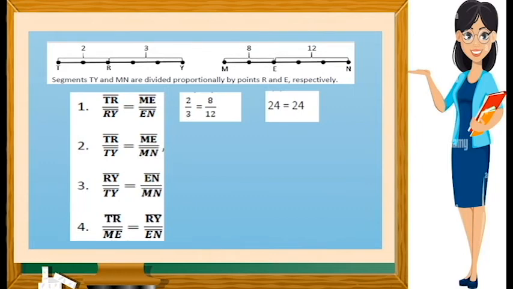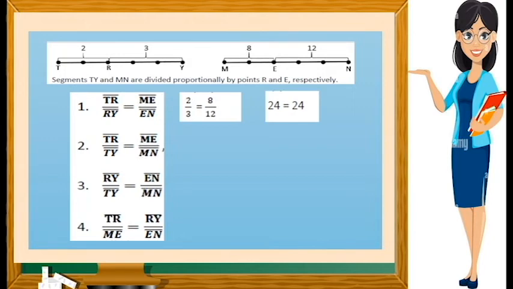TR is equal to 2 while RY is equal to 3, and ME is equal to 8 and EN is equal to 12. Multiply the extremes and the means.